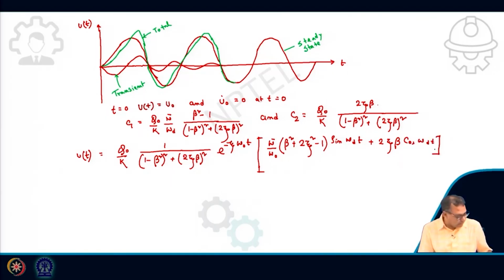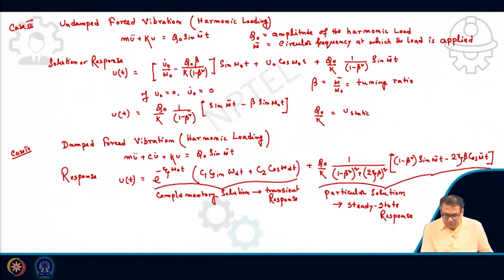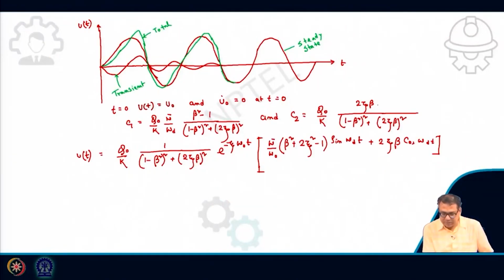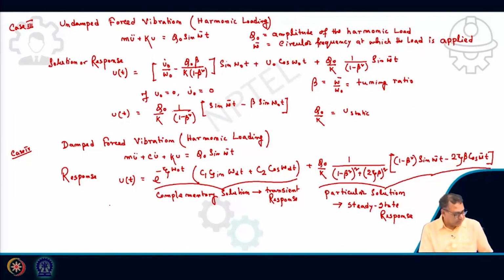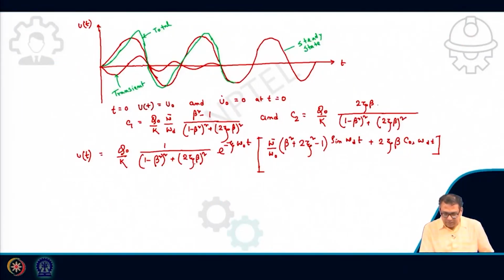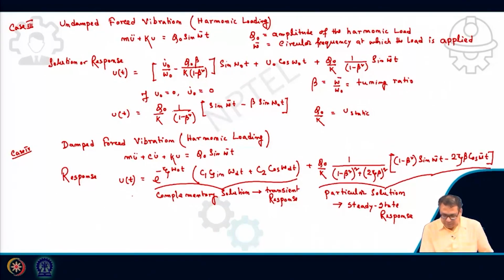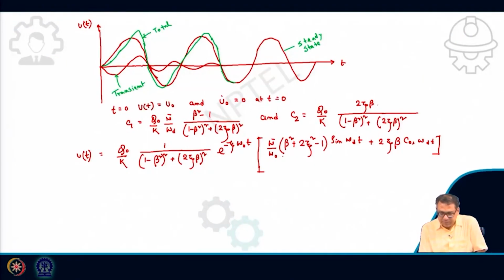From where am I getting this? I am just putting the values of C1 and C2 in this equation. That's it. C1 and C2 I know, so I put them in, taking Q0 by K outside. Other parts stay, and Q0 by K and this term. If you take this term outside, I can get this from this equation.